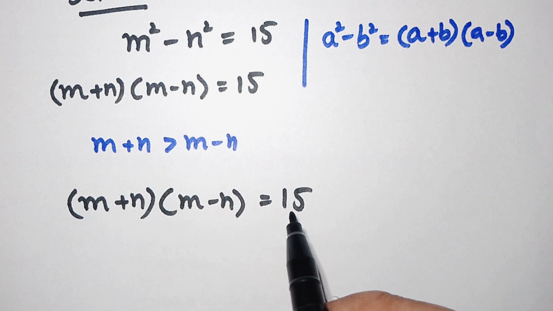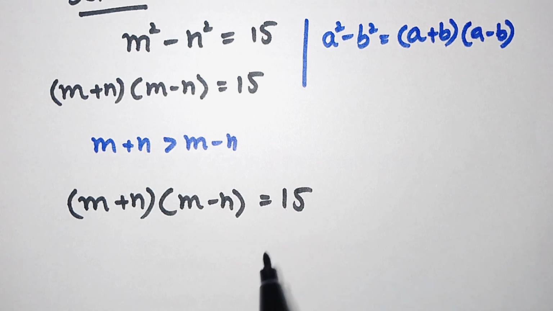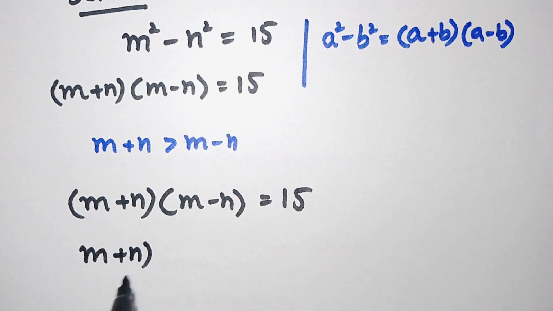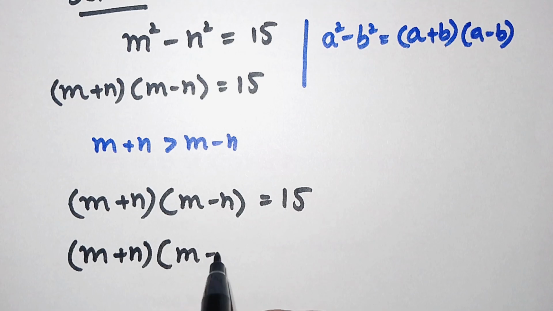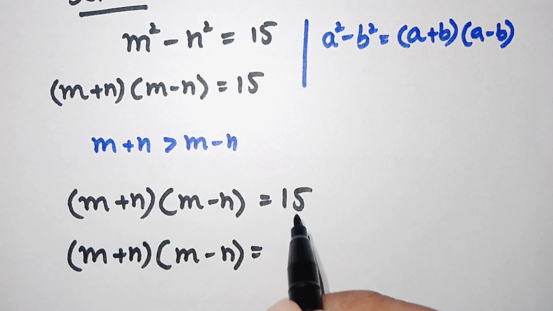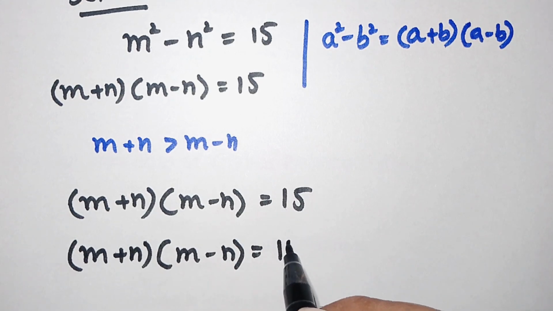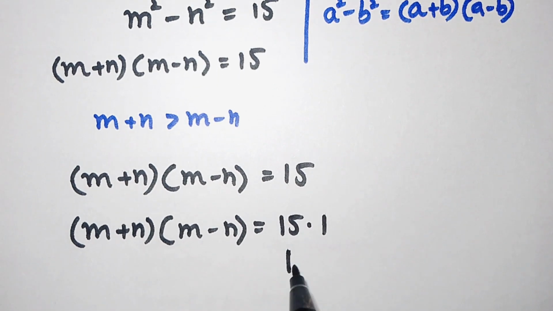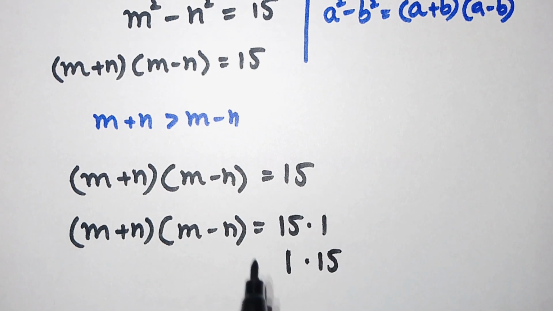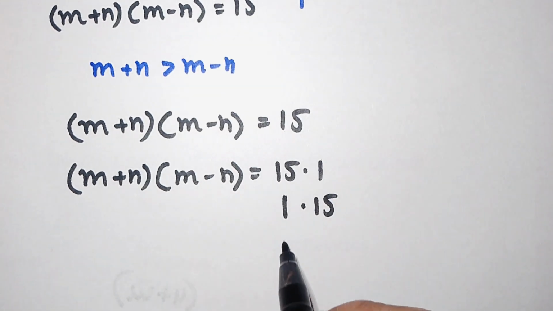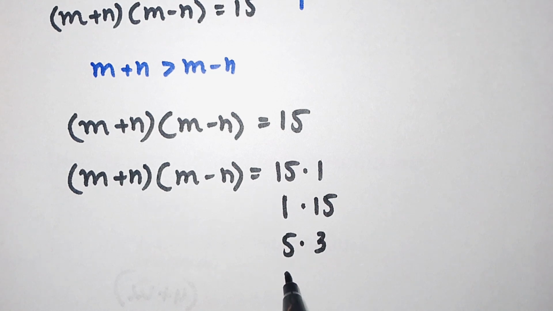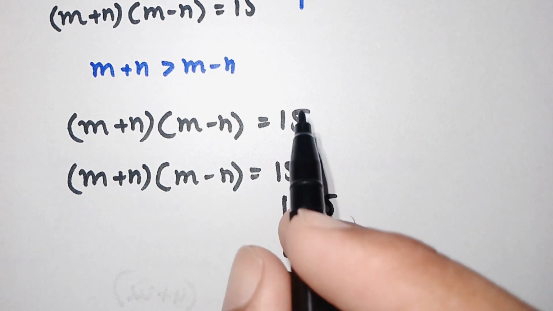Now we have to factorize this 15. In the next step, m plus n times m minus n is equal to, this 15 is also equal to 15 times 1, and also 1 times 15, and we also know that 5 times 3 is equal to 15, and also 3 times 5 is equal to 15.